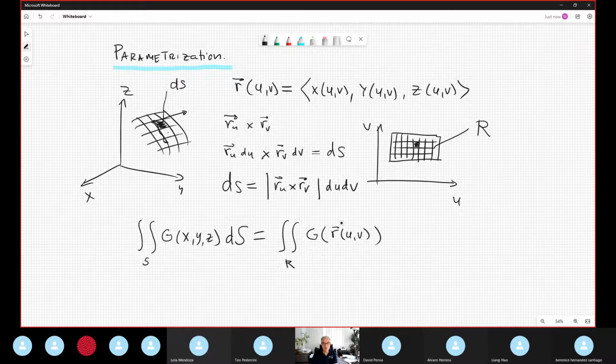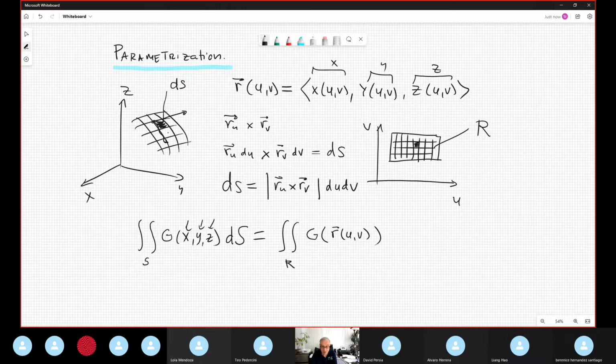Inside this. That means that the vector valued function has an x component, a y component, and a z component. Basically, what we are doing is replacing this x, this y, and this z by the corresponding functions here. In a symbolic way, I just plug the vector valued function inside the g function, which is the integrand function of the surface integral. And what about dS? dS is the formula.